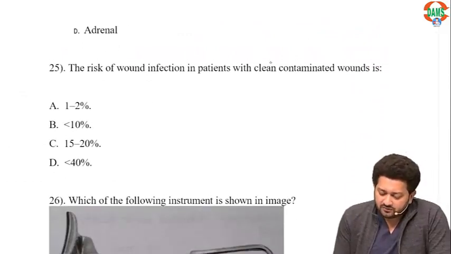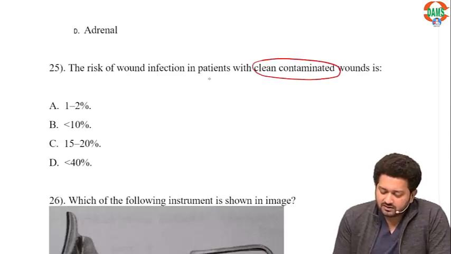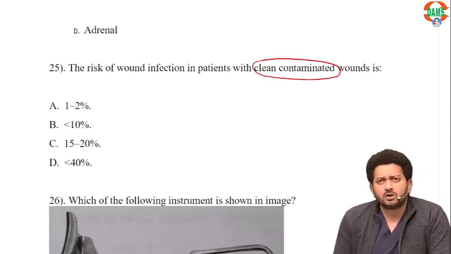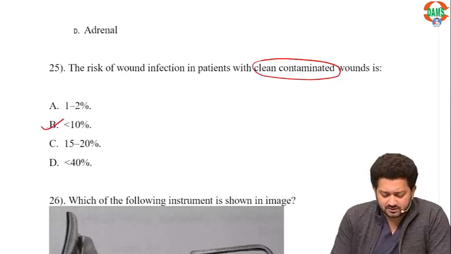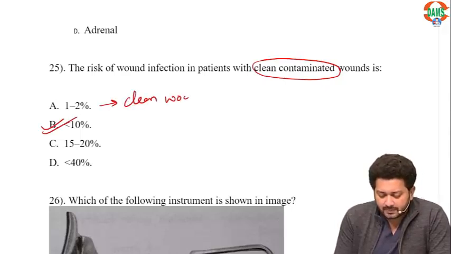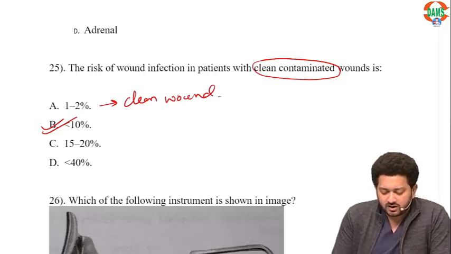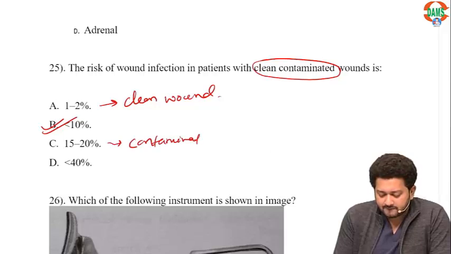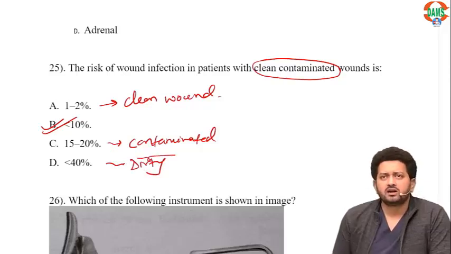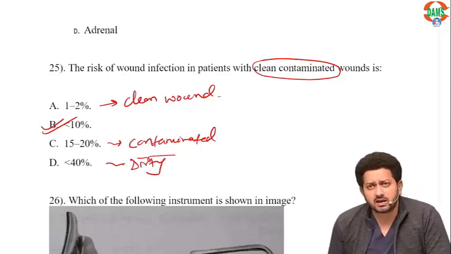The risk of wound infection in clean contaminated wound is 2 to 10%, you can say less than 10%. 1 to 2% is in clean wound. 15 to 20% in contaminated. And around 30 to 40% in dirty wounds. Dirty wounds are like if there is pus, if there is gangrene.